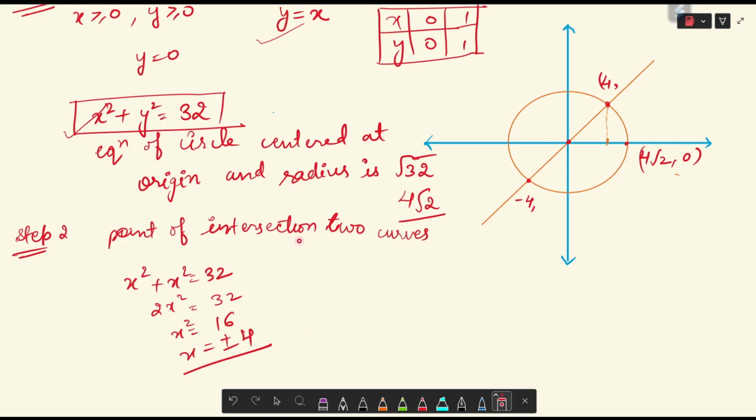Let me find y. So y equals x, so this point is also 4, 4, and this is -4, -4, right? So the points of intersection are 4, 4 and -4, -4.